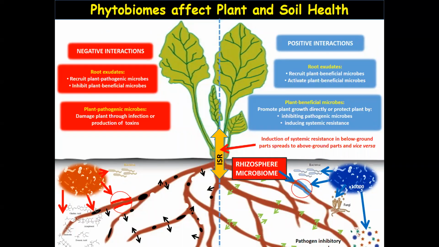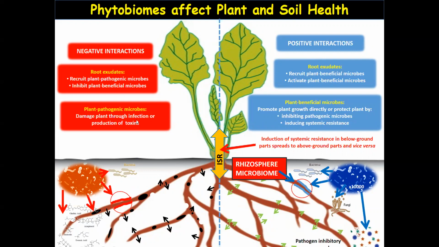So, to conclude, this slide summarizes most of what I've said in the foregoing slides in terms of how phytobiomes affect plant and soil health. We can see that there are negative interactions and positive interactions, and that these negative interactions in terms of the root exudates can increase plant pathogens and inhibit plant beneficial microbes.